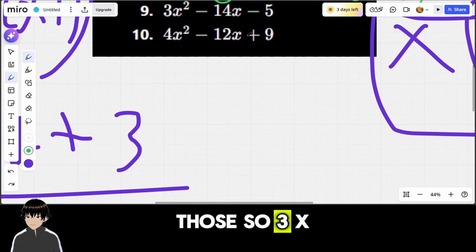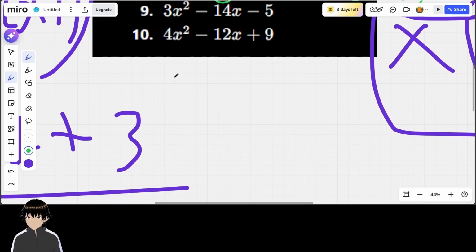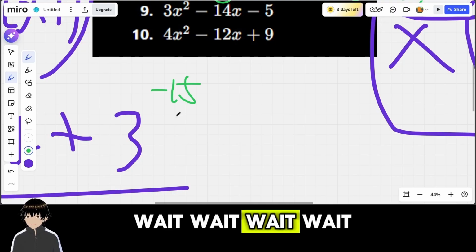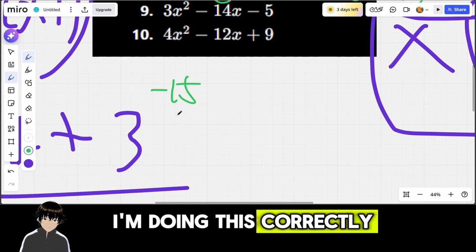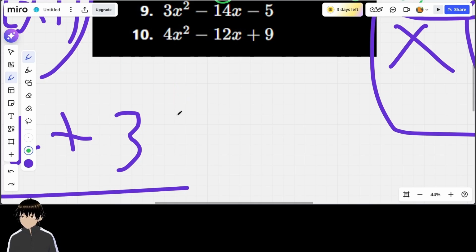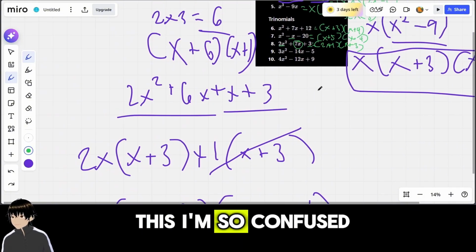So 3 times negative 5 is negative 5... Wait. So let's see if I'm doing this correctly. What multiplies? Hold on, let me just check this. I'm so confused.